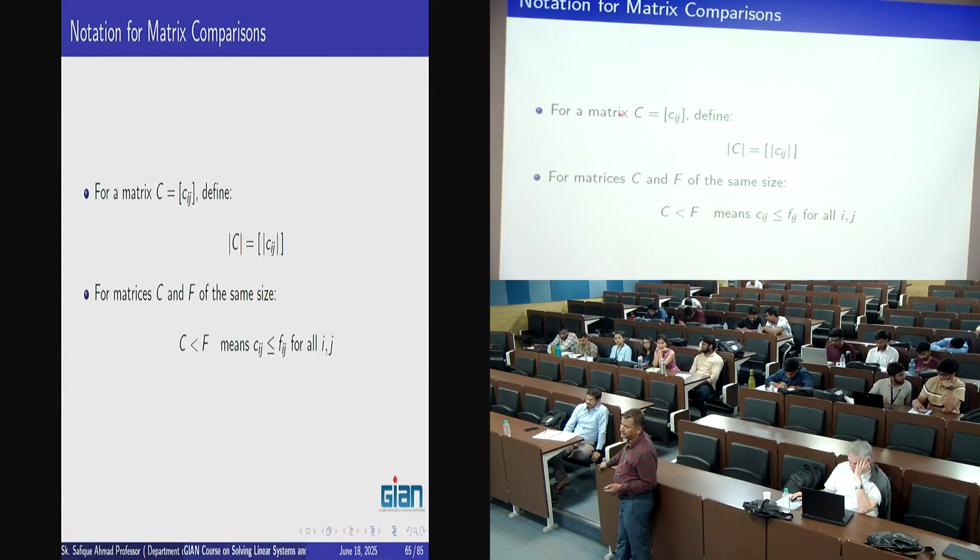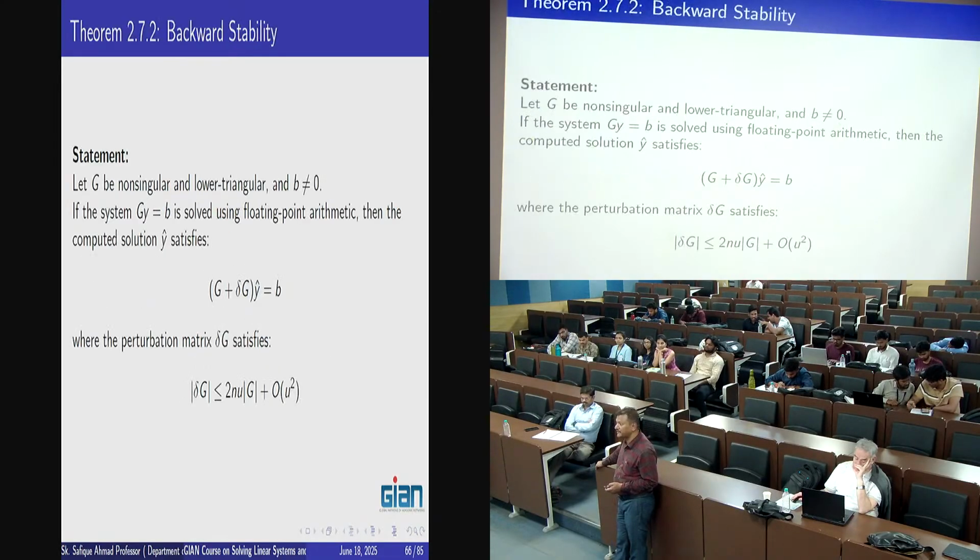So for example, if you have a matrix C with entries Cij, and we take the modulus of C, this is the component wise absolute value of the matrix. And C is less than F in the sense that each term is bounded accordingly.